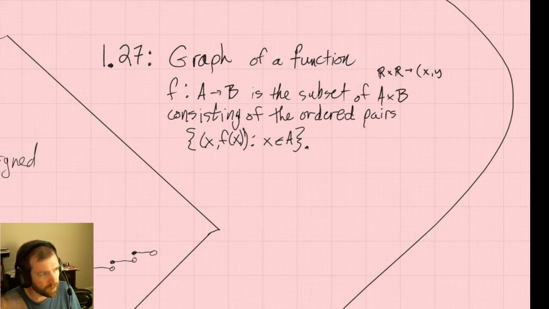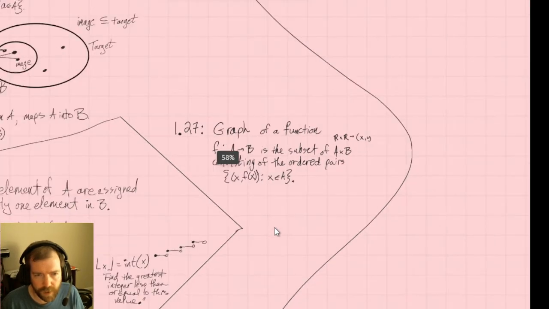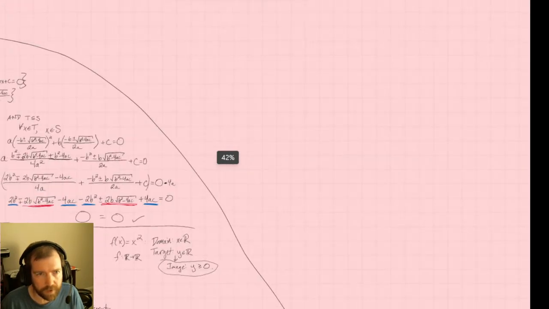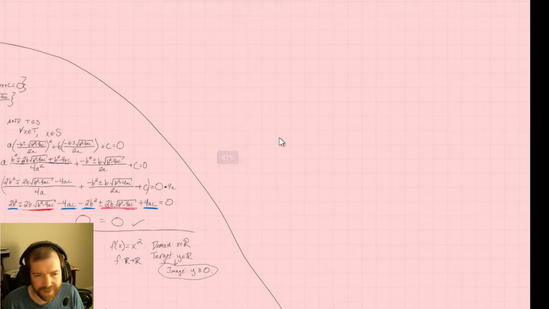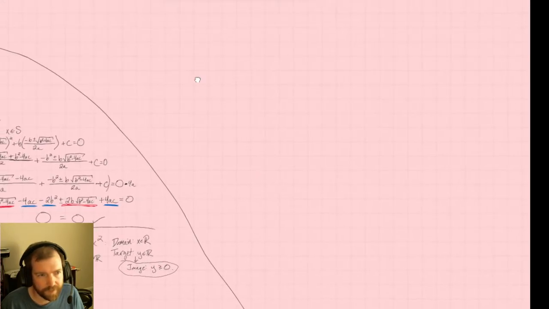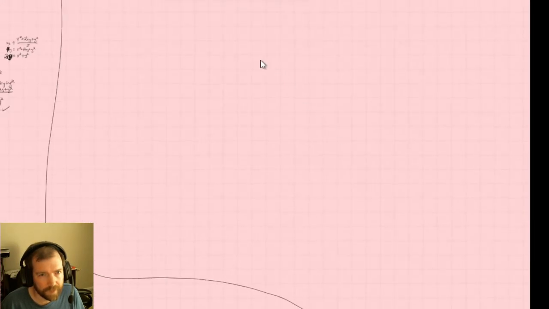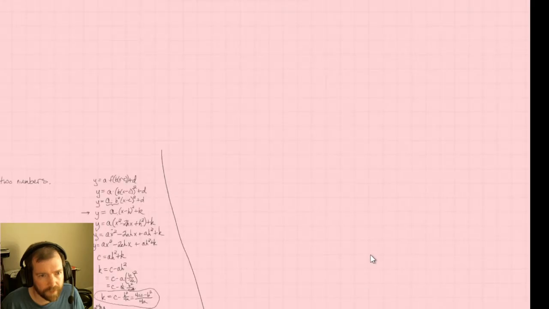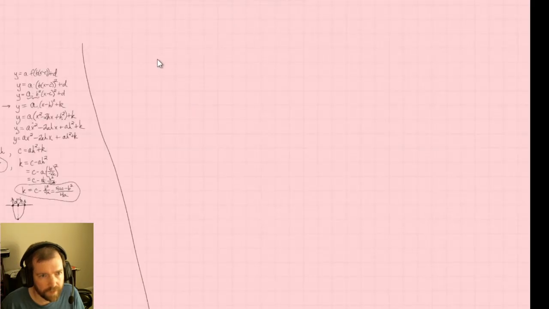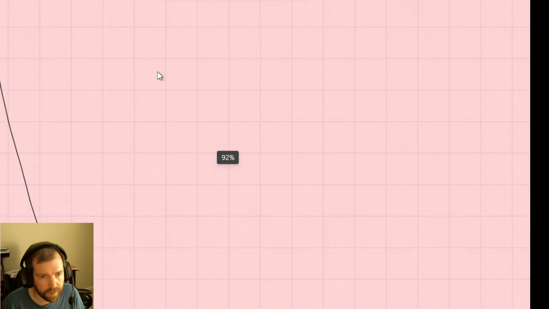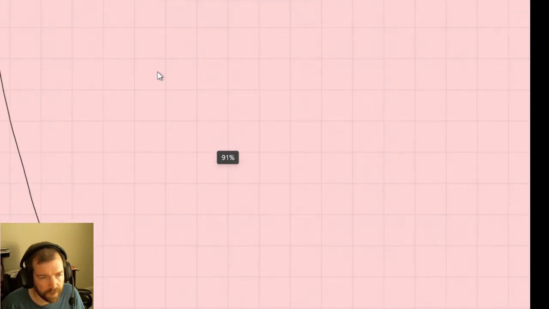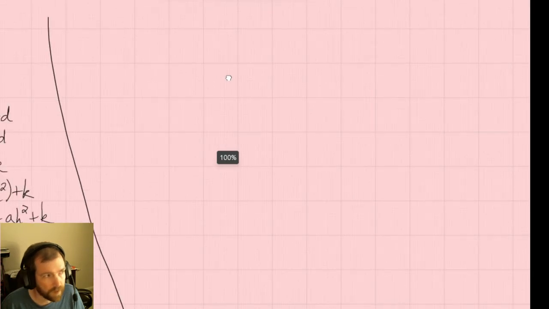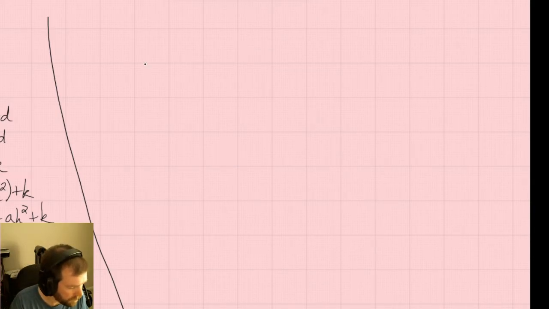Definitions 128 and 129 define graphs of functions. I'm not even going to bother.